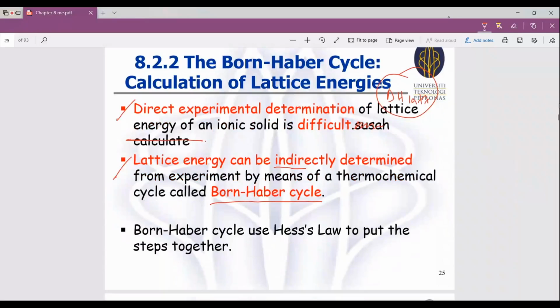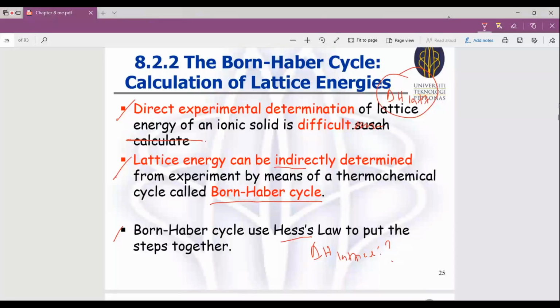So the Born-Haber cycle uses Hess's law to put the steps together. Hess's law is a series of steps. We add up or sum all of the series of steps in order to get the delta H lattice.